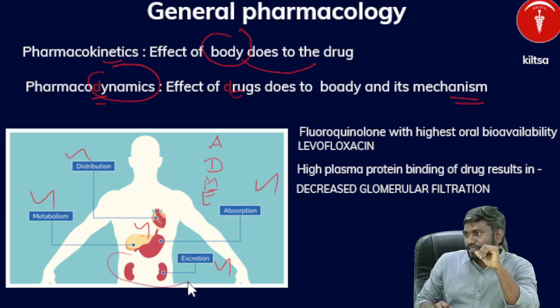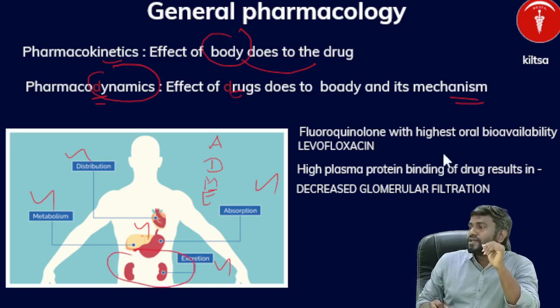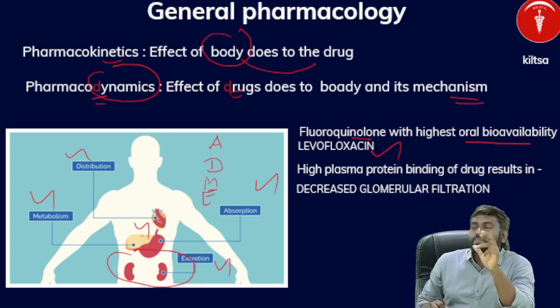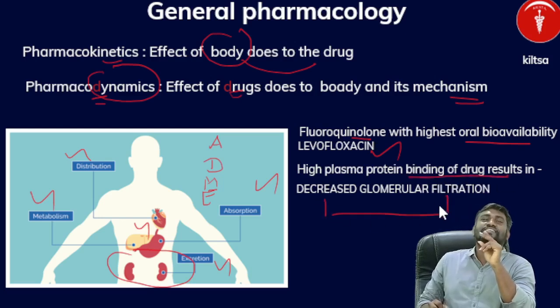Very good. During the examination, there were two questions asked. One was about the fluoroquinolone with the highest oral bioavailability, which is levofloxacin, and the second was that high plasma protein binding of the drug results in decreased glomerular filtration.